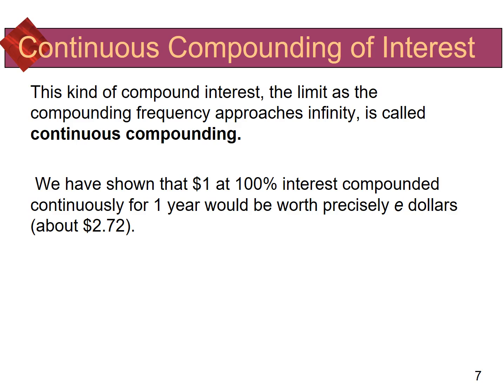Now, one of the things that they will sometimes show you is a circumstance which you're never going to see out in the real world, where they mention something called continuous compounding.